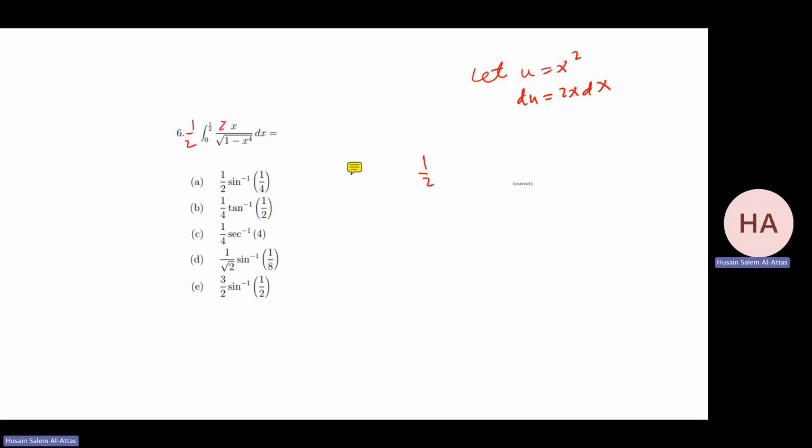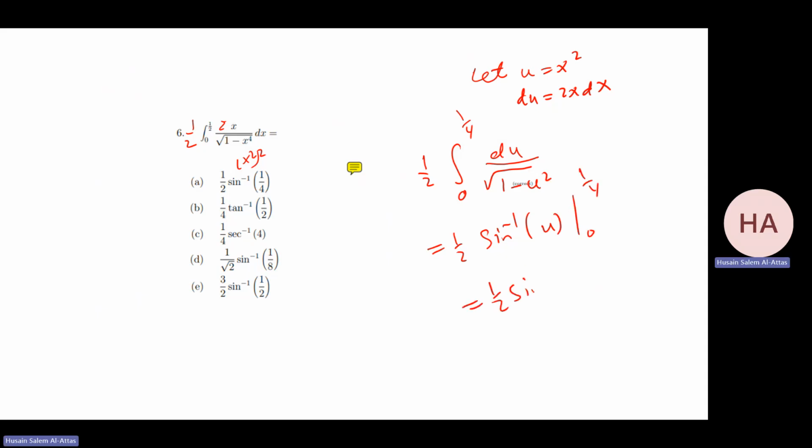So that will be half integral of du over the square root of 1 minus u squared, since this is x squared all squared. Okay. Now the limits 0 and half give me 1 over 4. So this is half sine inverse of u from 0 to 1 over 4. So it will be half sine inverse of 1 over 4, which is this one.